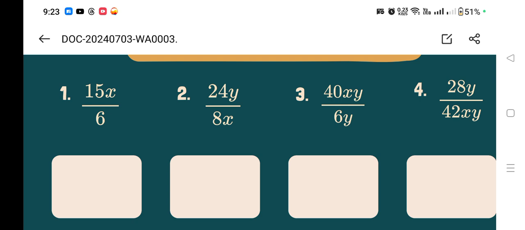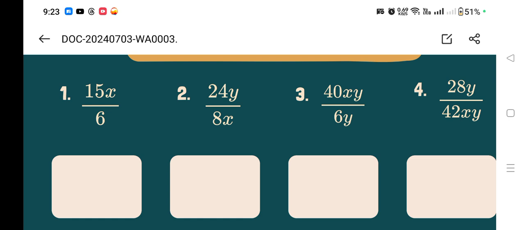So better you again cancel it with 8. 8 1s are 8. 8 how much are 24? 8 3s are 24. So that will be 3y by x. So you need to cancel out all the common terms between numerator and denominator.